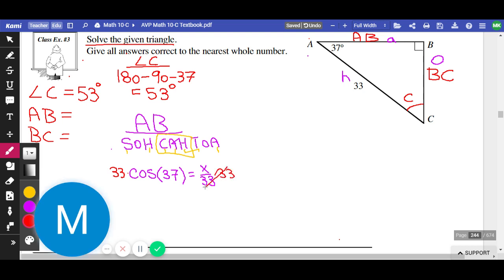It'll cancel on that side. On this side, you're left with something you just need to calculate. So putting it in your calculator, 33 times cos 37. And you get, to the nearest whole number, 26 equals x. That means AB equals 26.